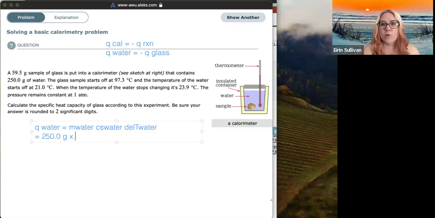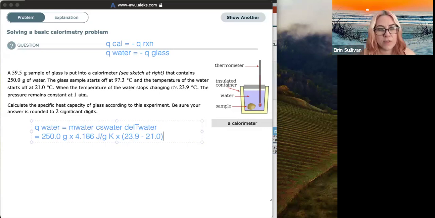Specific heat capacity of water you're not given, but that's okay because that's a constant you can just look up. In fact, it'll be in your ALEKS table of constants, but I know it's 4.186 joules per gram per Kelvin. And then my delta T is my final temperature of the water minus the initial, so 23.9 minus 21. Notice the final temperature is warmer than the initial temperature because the hot glass has caused the water of the calorimeter to heat up.